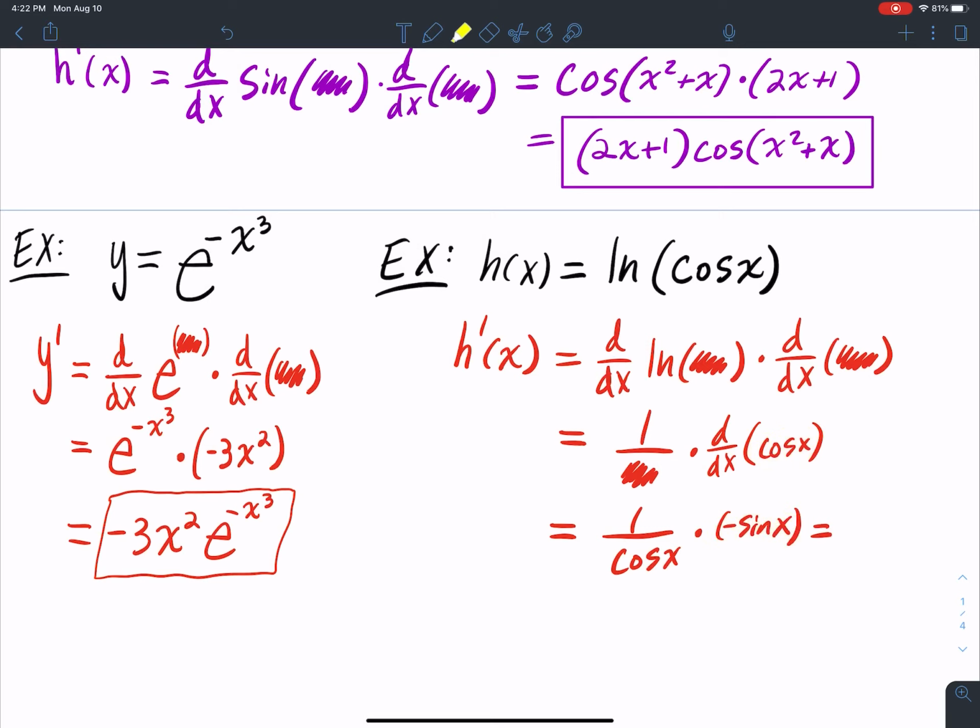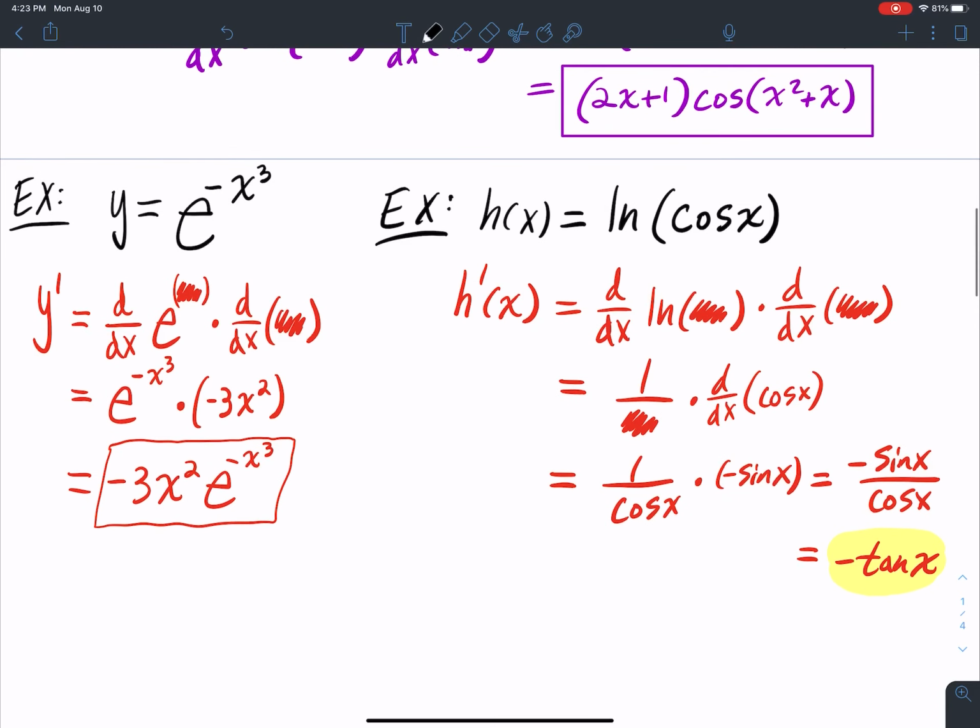So 1 over the stuff, which is cosine, times negative sine. This is equal to negative sine over cosine, which is equal to negative tangent. Very interesting there. If I put a negative on this, then that derivative would become positive. That will connect later in the class.